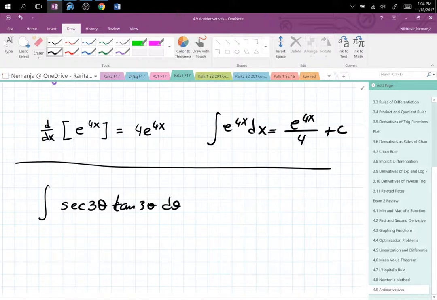So there is that modification of bx, right? B times x, b times theta. What is the secant tangent for the integral goes into? I.e., which derivative would produce secant tangent answer?